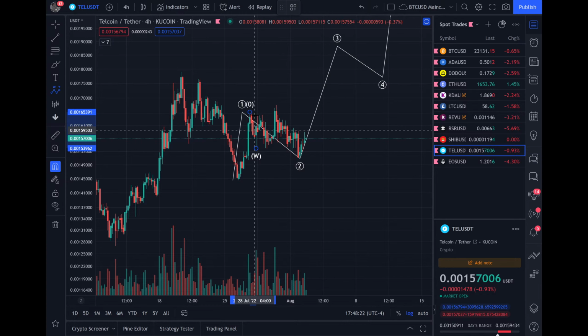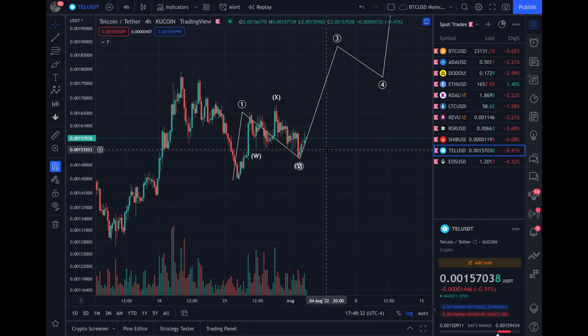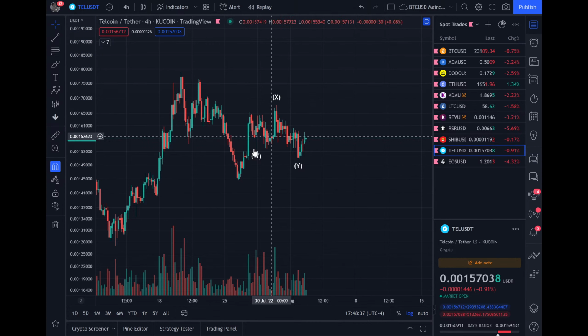Okay, I see 1, 2, 3 waves in X right here, and then I see Y being your 1, 2, 3, 4, 5 wave move down, your diagonal move down. That's what I see. A WXY right there, done.